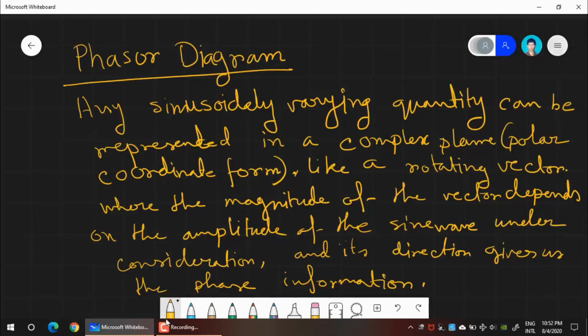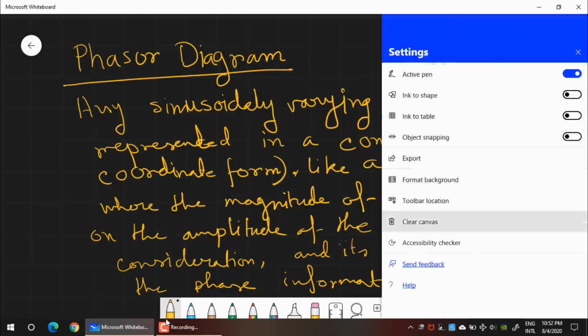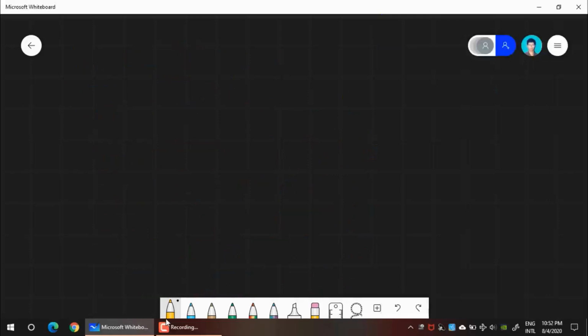So what I am trying to say here is that suppose you have a sine wave like this.